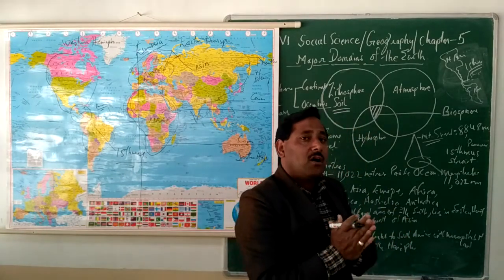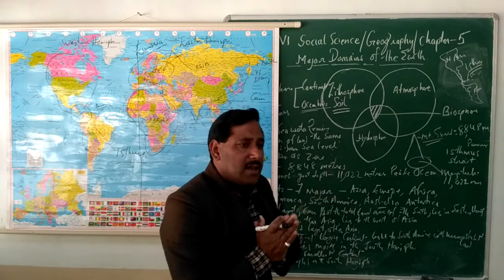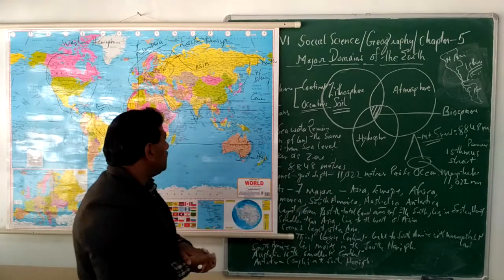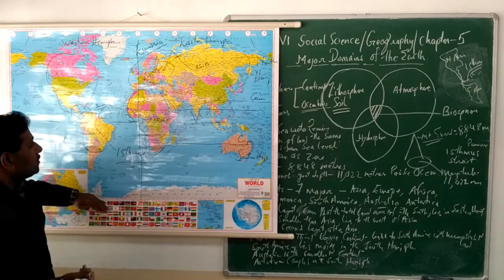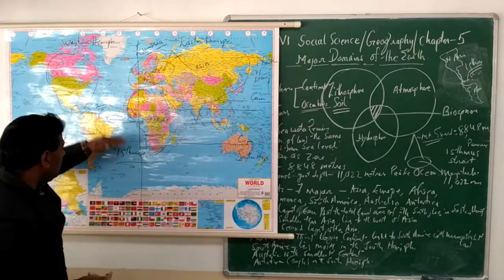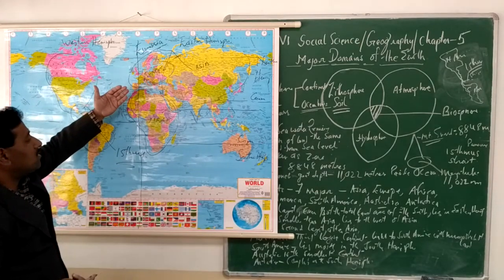Now let us talk about South America. South America lies mostly in the southern hemisphere. Below the equator is your southern hemisphere and above the equator is your northern hemisphere.